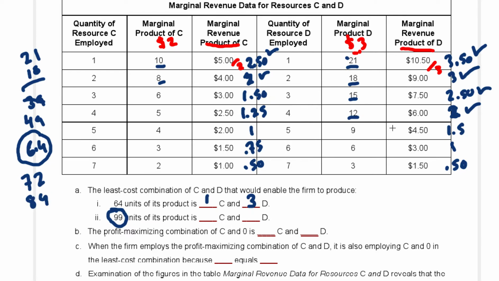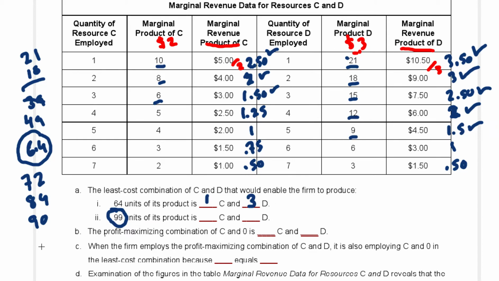And now $1.50 or $1.50. So I want to get to 99 here. So if I go here, I get 6 more. So that's 90. 84 plus this 6 right here is 90. And I hire this one as well.